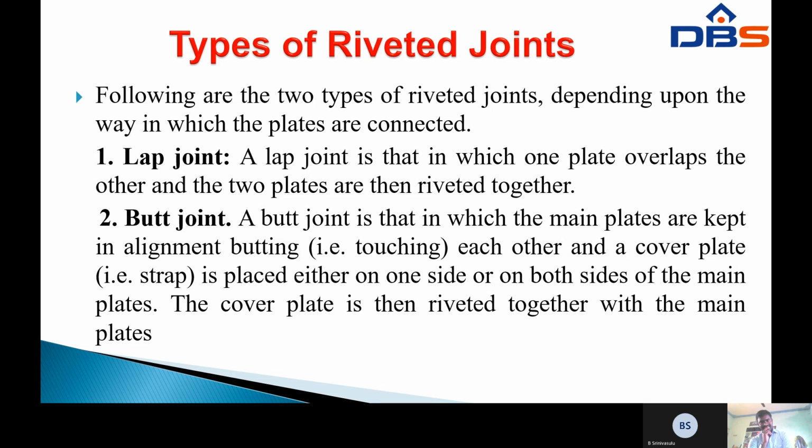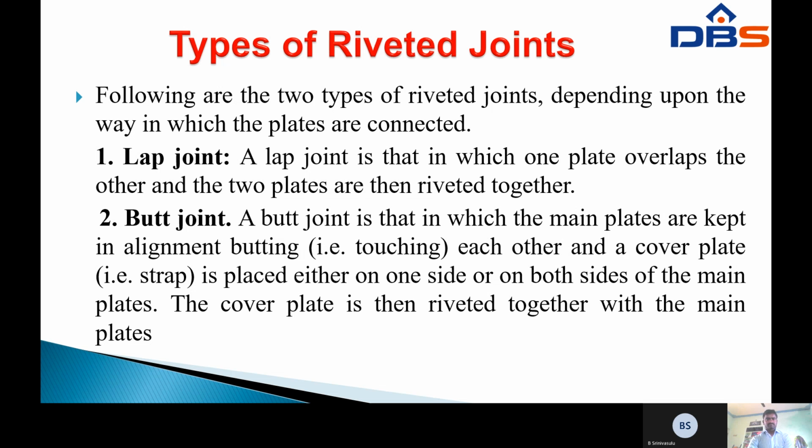A butt joint is one in which the main plates are kept aligned, butting and touching each other, and a cover plate is placed either on one side or on both sides of the main plates. The cover plate is then riveted together with the main plates.